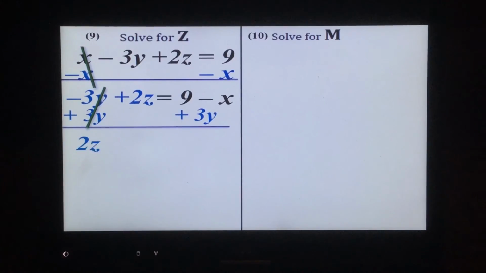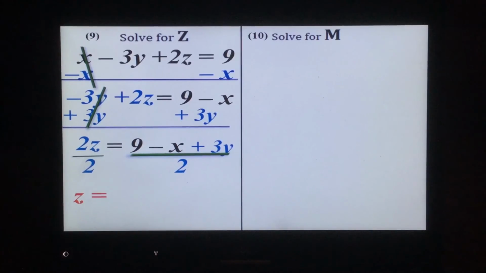Now, none of these three terms are like terms, so you just bring them all next to each other. So 2z equals 9 minus x plus 3y. Finally, we need to get rid of that 2 by dividing by 2 on both sides. That 2 cancels, and we're left with z equals (9 minus x plus 3y) over 2. We can't do anything with that, so we're going to leave it alone.